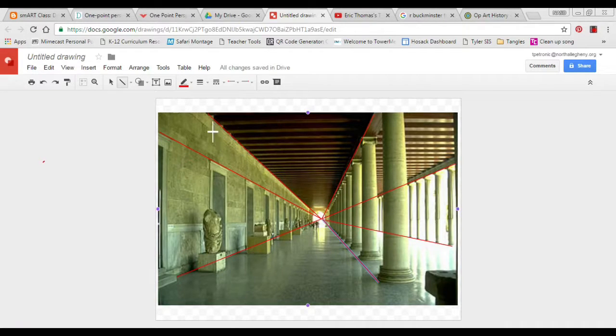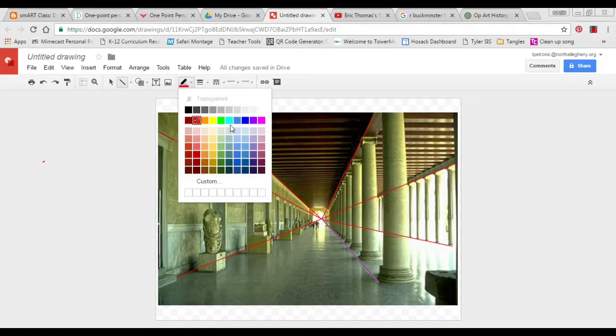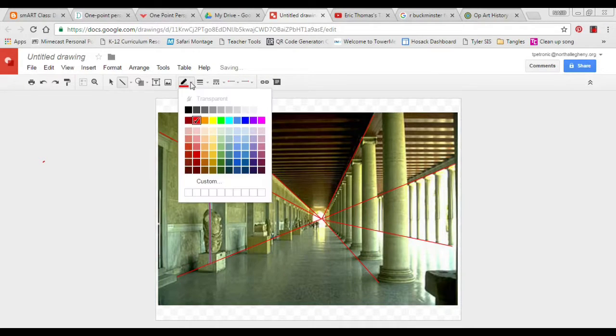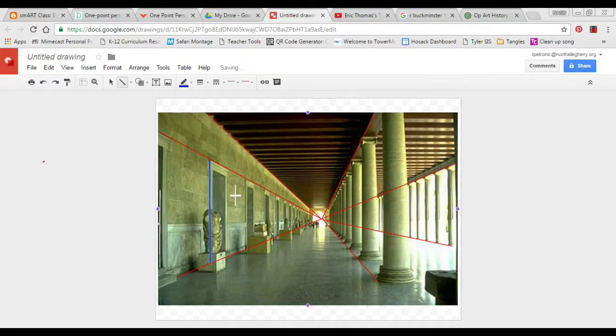Notice how, even though all of these lines meet back at that same vanishing point, and spaces get smaller as it moves away from us, and have a diagonal slant to them, when we look at the lines, say for the side of the door, that line stays perfectly vertical.